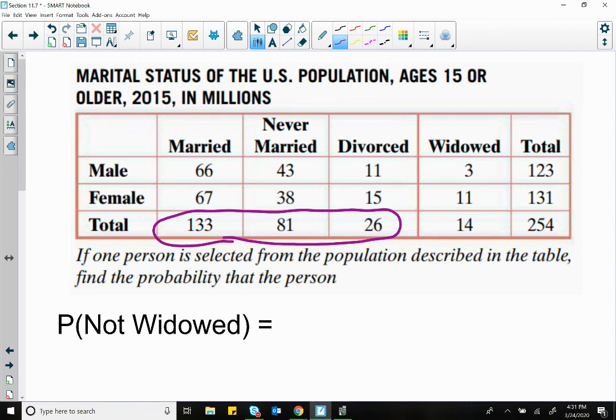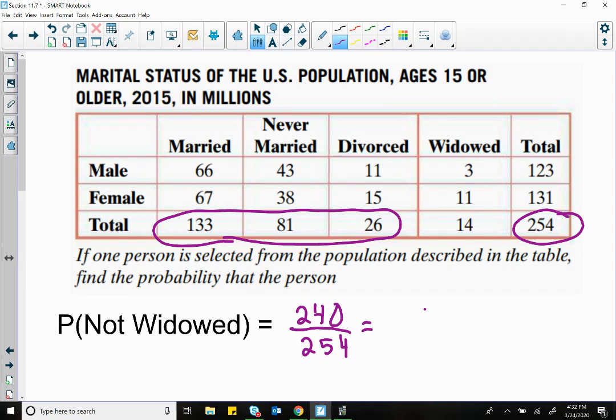So if we take 133 plus 81 plus 26, we get 240. Out of, well, how many people did we talk to? 254. So this one was just that regular probability that we learned about back in 11.4.